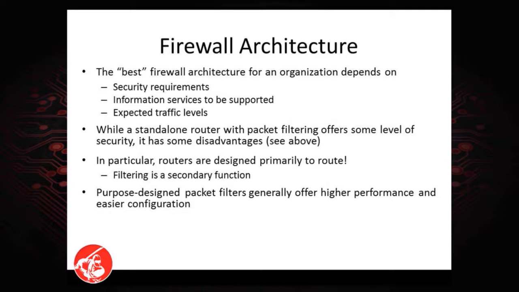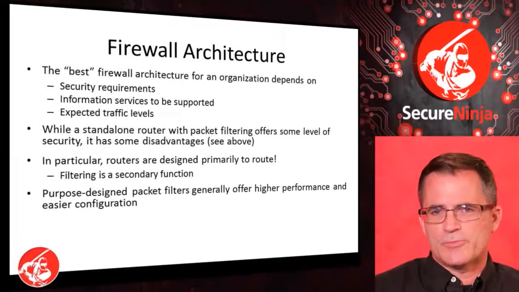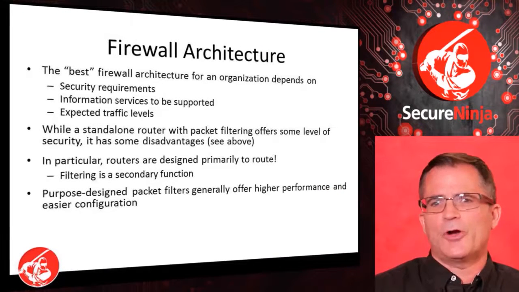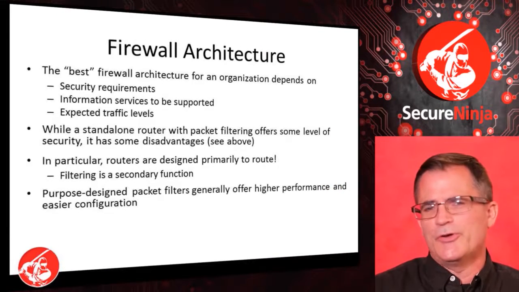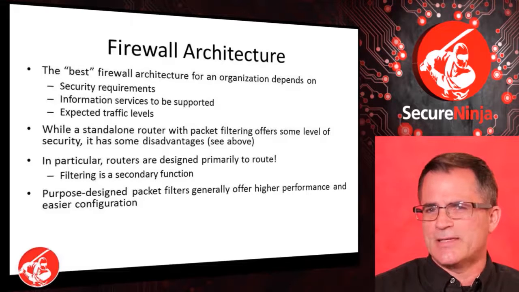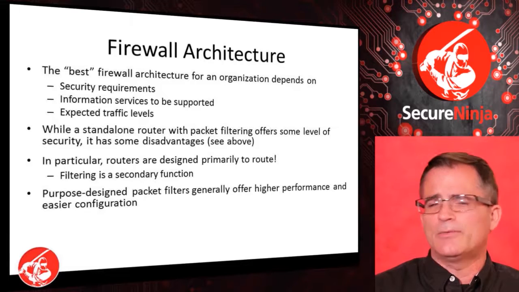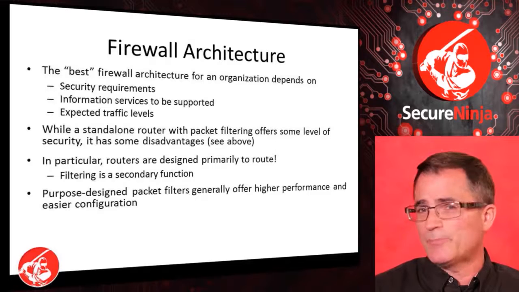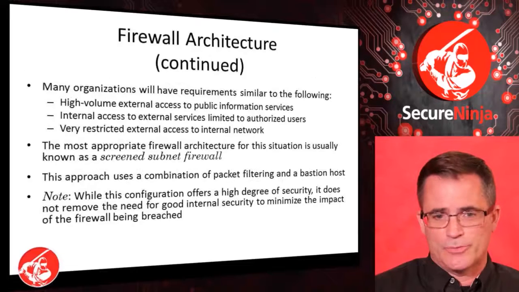So purpose-designed packet filters are much higher performance, easier to configure, and much better when it comes to firewall architecture. As I showed on the flip chart a little while ago, there are different architectures and firewalls. So you have to be aware when you're testing that you're probably going to run into some type of firewall architecture.